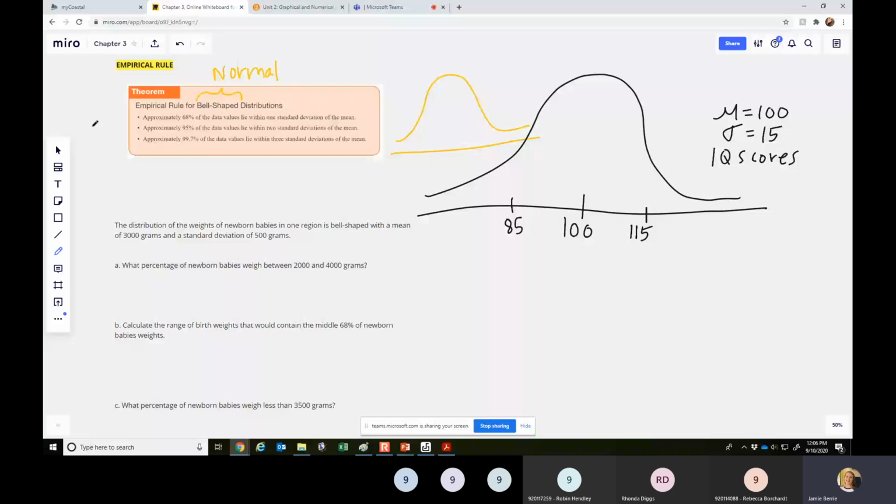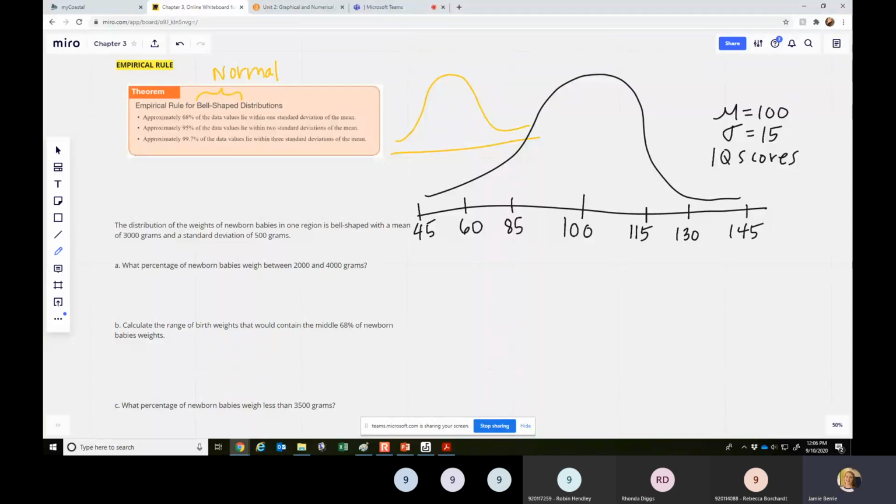One standard deviation further, 85 minus 15 would be 70, and then one more would be 55. In the other direction, 115 plus 15 would be 130, and then one more standard deviation would be 145.